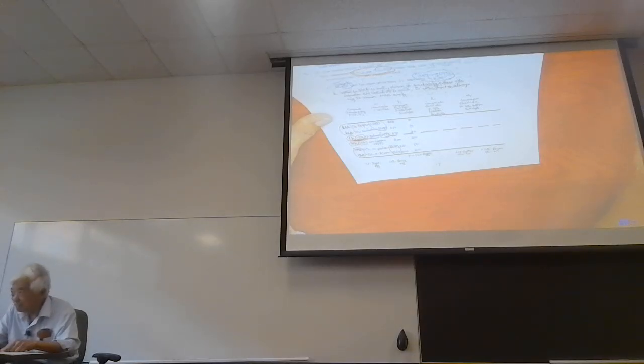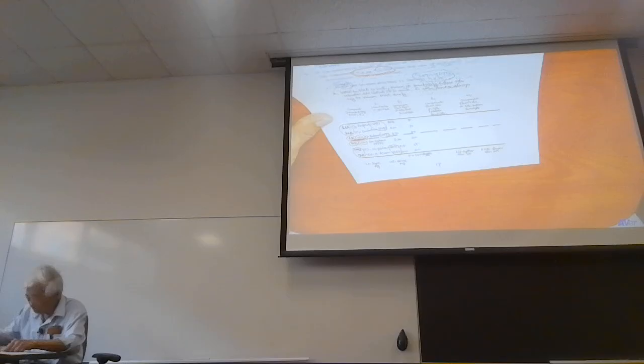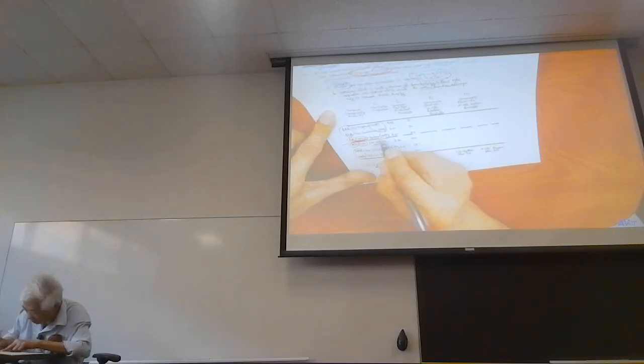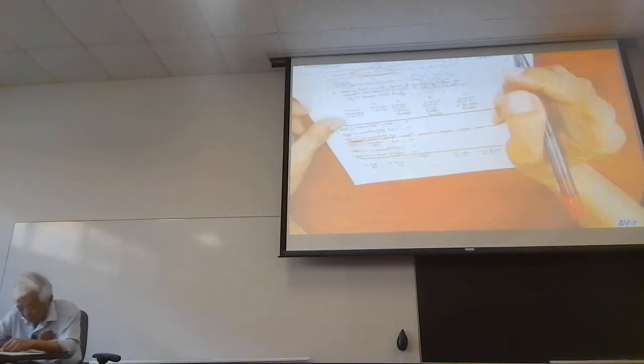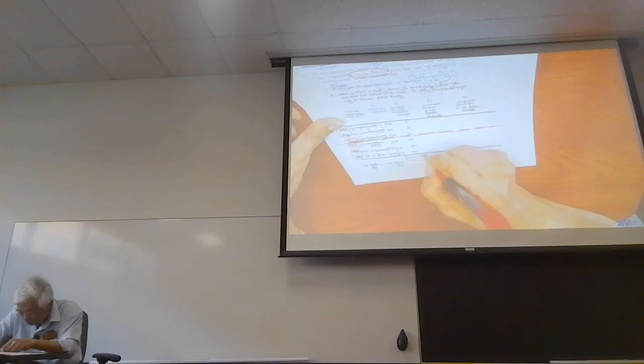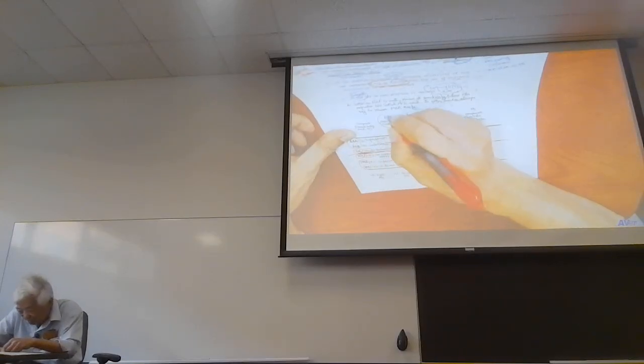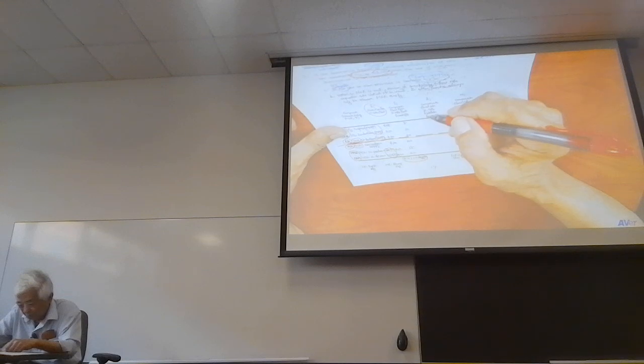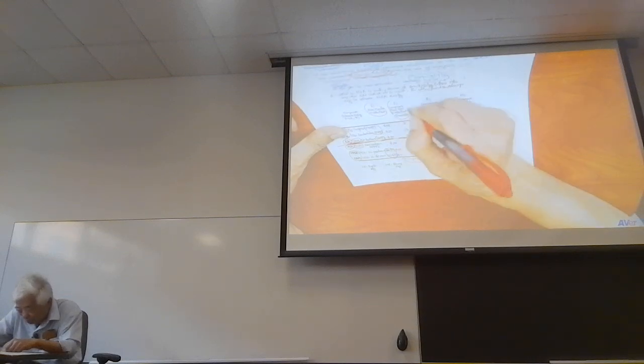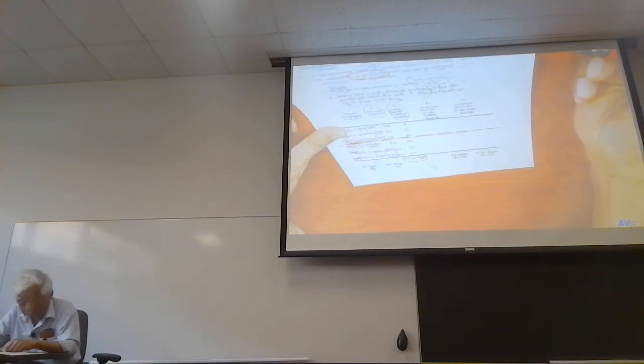So how do you estimate component distribution given the feed, 100 pound per hour, feed composition, FI, molar flow rate of feed.